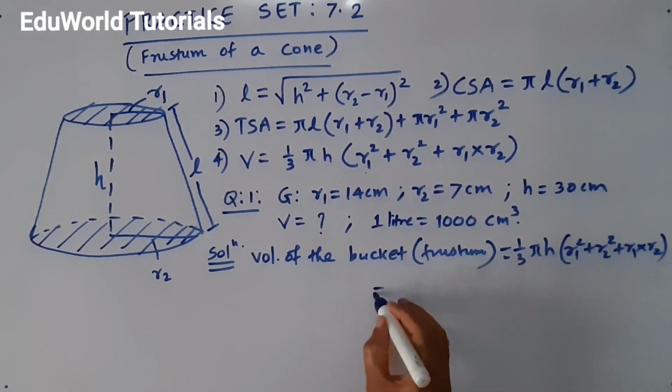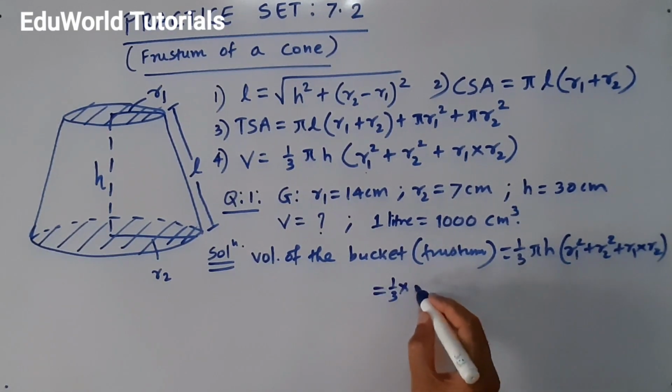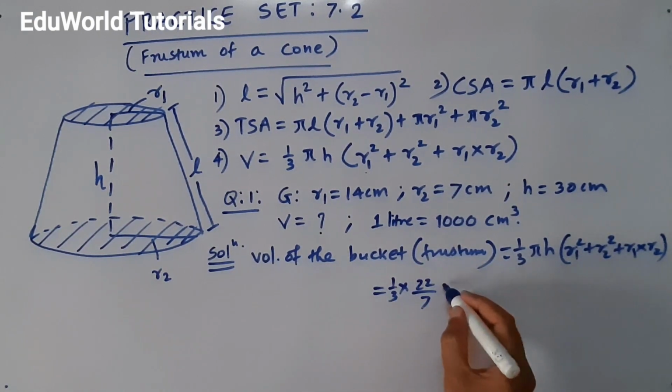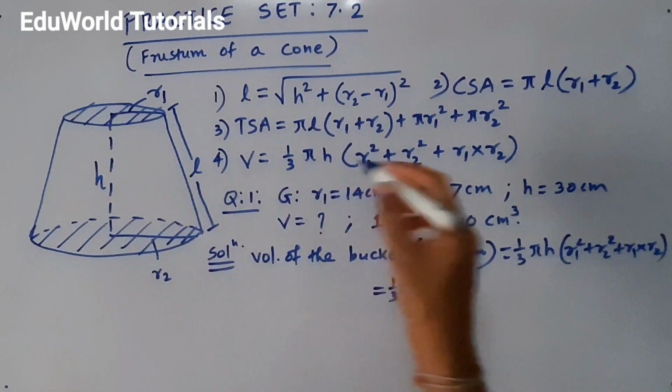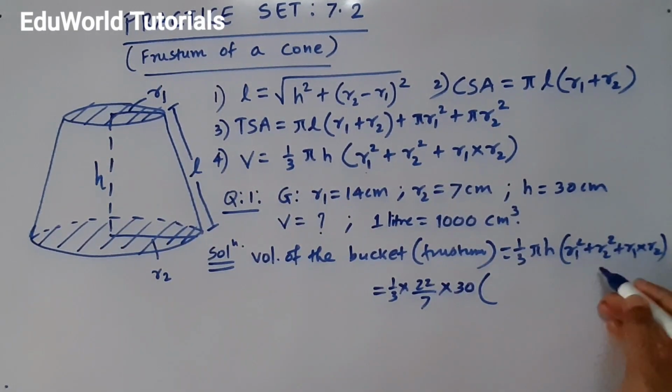Now let us put in the values. 1/3 into pi. What value of pi will we take? Since they have not specified it, we will take 22/7. Into the height, which is 30 cm. Then inside the bracket I have to put all these values.